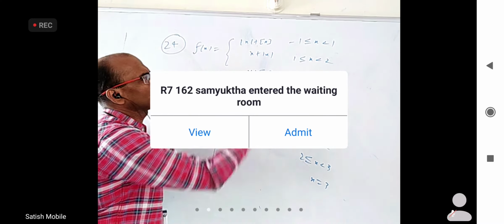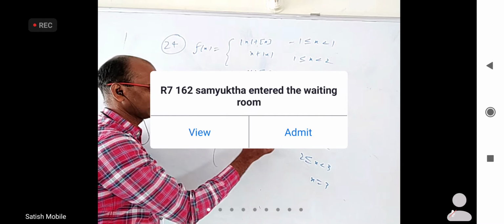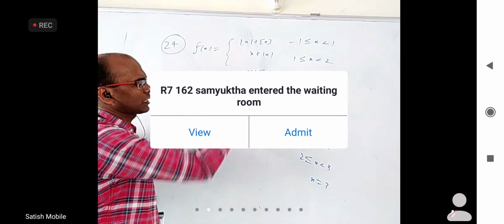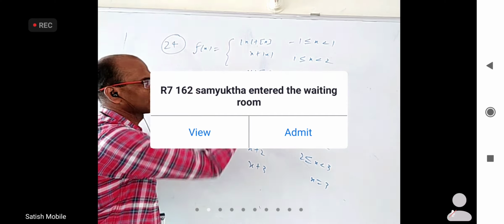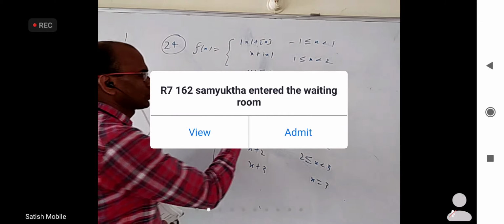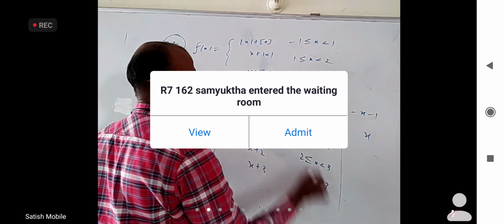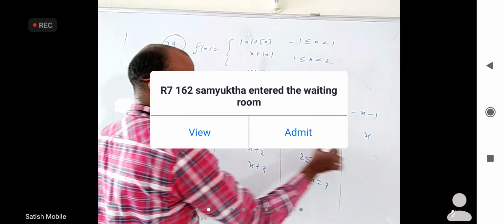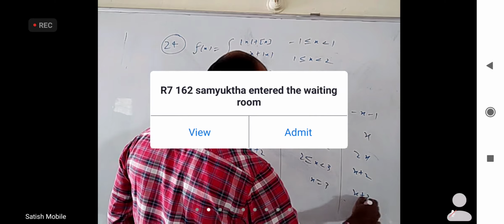Between 1 to 2, this is also x, this is also x, it will be 2x. I can even write x plus x if you want. Between 2 to 3, this is x plus 2, and at 3 it is x plus 3, as integer part of x is 3. So this is basically minus x minus 1, this is x, this is 2x, this is x plus 2, and this is x plus 3.